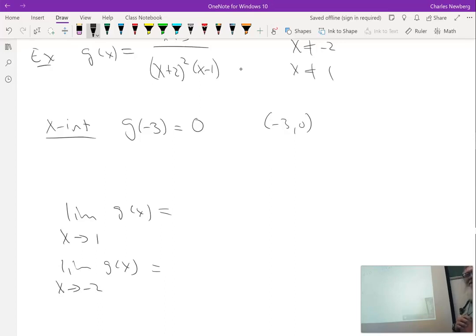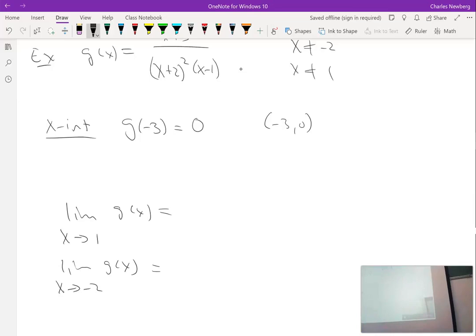So as x goes to 1, what's happening? From the left-hand side, from the negative side, as x goes to 1, where are these function values going? -infinity. How about from the positive side? Positive infinity. So what would we write on this one?